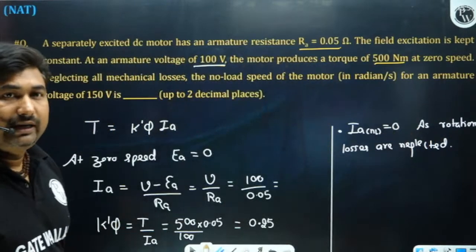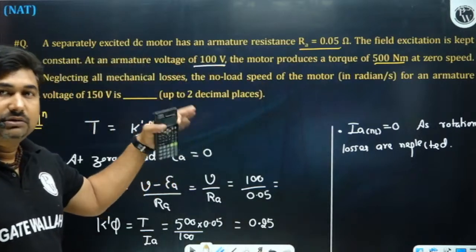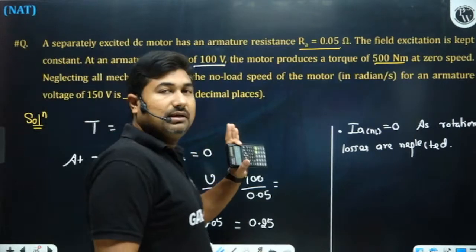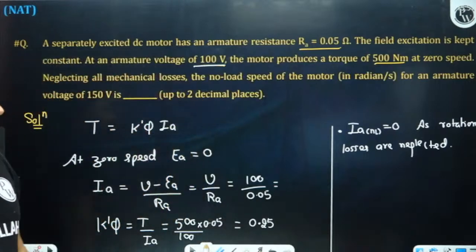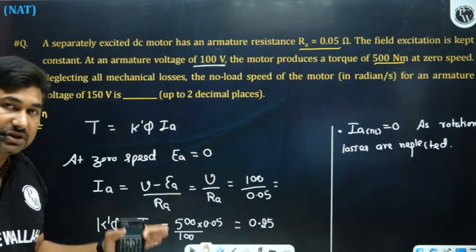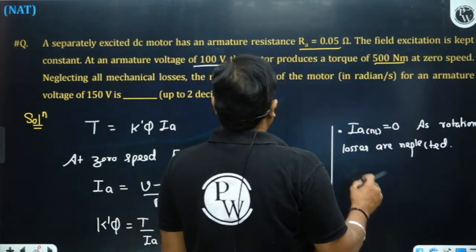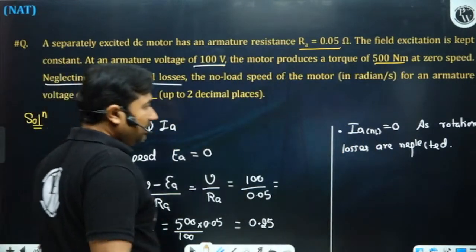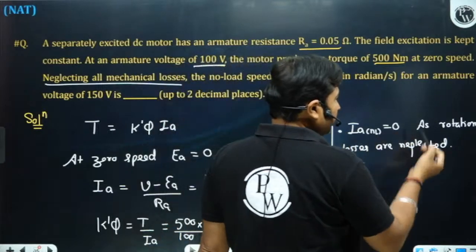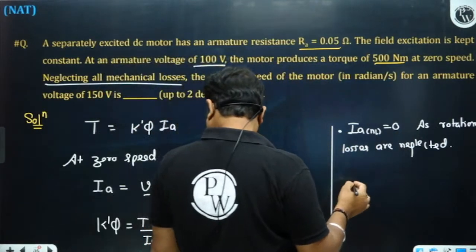If you are not able to calculate the values from the given data, then also you have to consider it as neglected, because we can't calculate no load losses or rotational losses. From here you can say, sir, already it is given also, neglect all mechanical losses. So that means no load current is 0. When rotational losses are 0, the motor will not take any current.